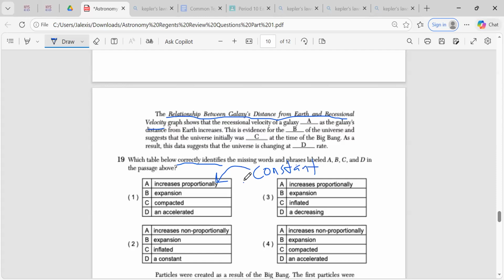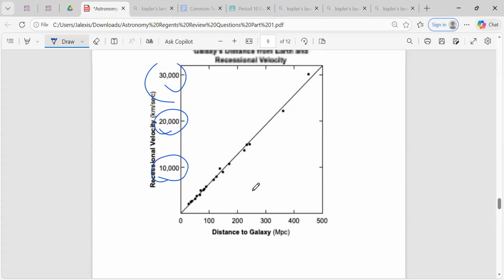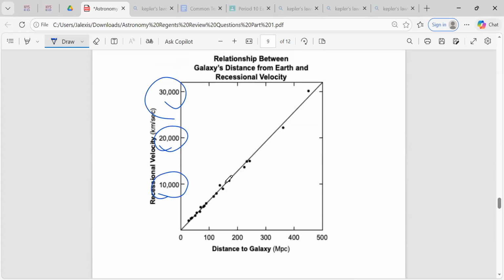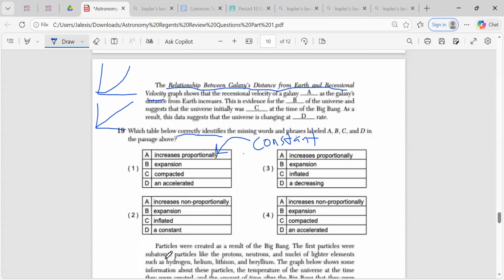A graph that shows it's increasing non-proportionally will look like a curve. Increasing at a constant rate means it's predictable, a straight diagonal line. So when I see that it's increasing at a steady or constant rate, I could automatically cross out which options? 4 and 2. All right. So let's keep going.